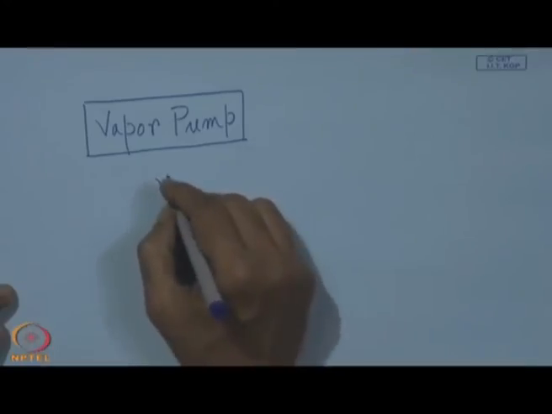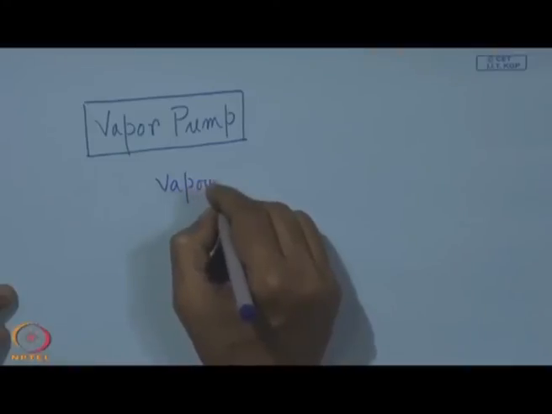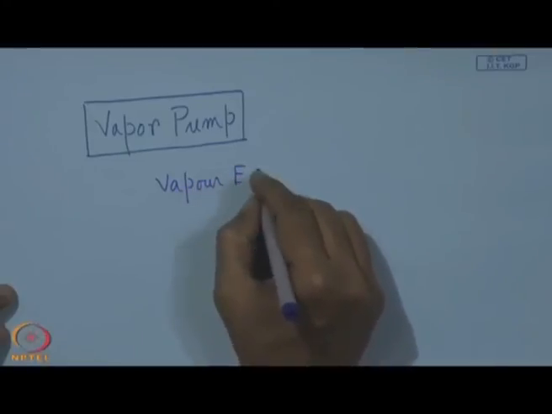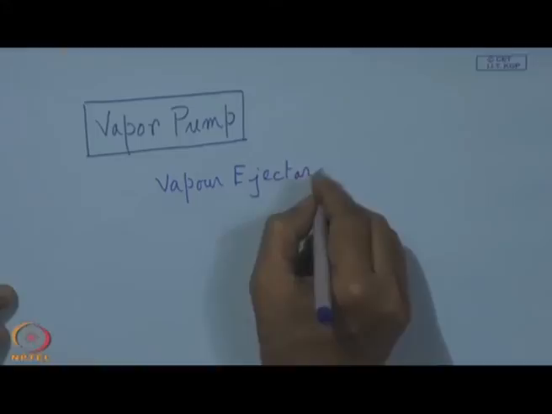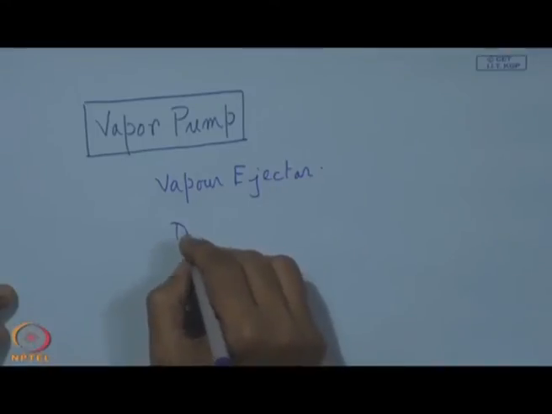This oil vapor attains certain velocity, and since it entrains that gas molecule, the gas molecule is thrown outside. This way we have two types of vapor pump. One we call vapor ejector pump, and another is diffusion pump.